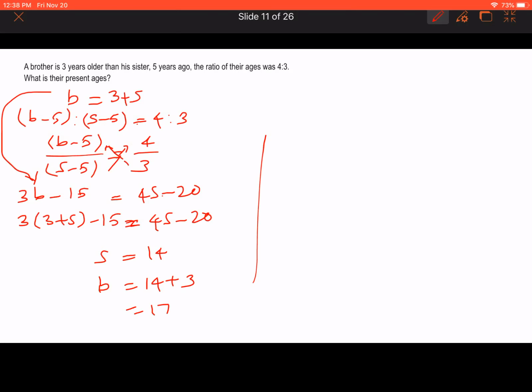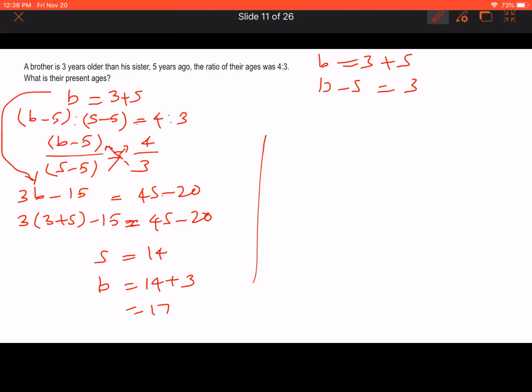See, b is equal to 3 plus s. I also can write this as brother's age minus sister's age is equal to 3. This way also we can take, right?